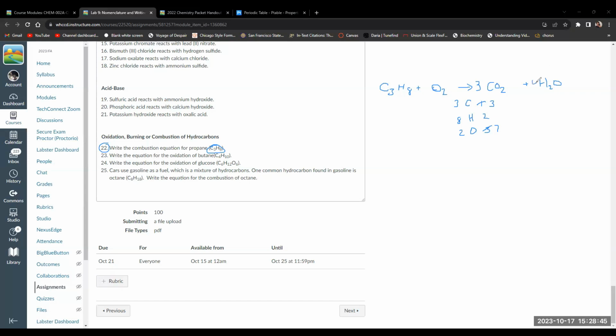We can add a 4 here to give us 8 hydrogens. And 4 times the single oxygen gives us 4 plus the 2 oxygen here. This makes 6. Remember, this 3, can't forget about it. Multiplying it gives us 18. 18 total oxygens.